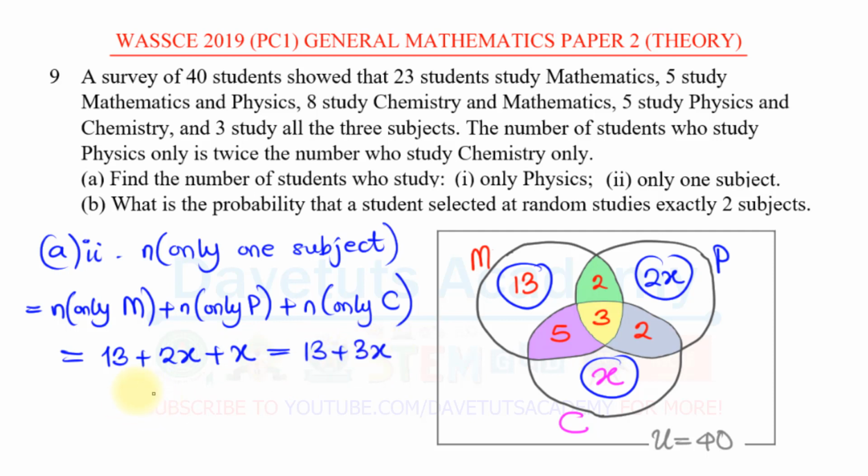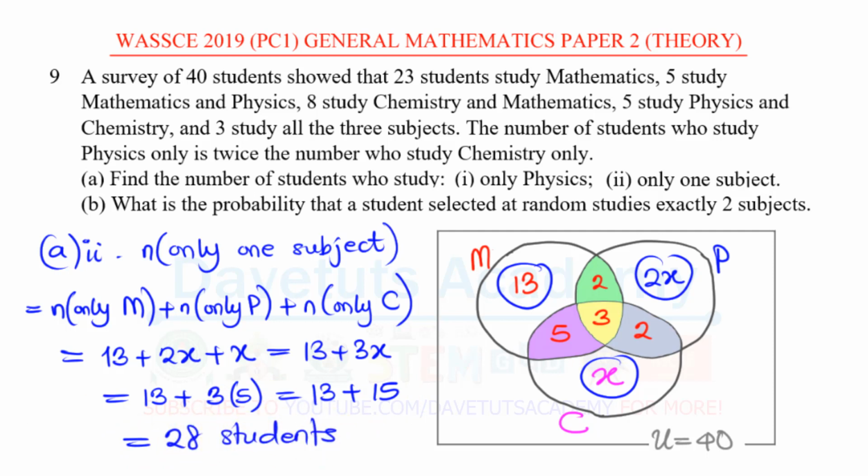But we have gotten x to be 5, so that will be 13 plus 3 times 5, which is 13 plus 15. So those who study only one subject will be 28 students. Is this not interesting? I love this. I hope you are understanding and flowing with this the way I am doing it.